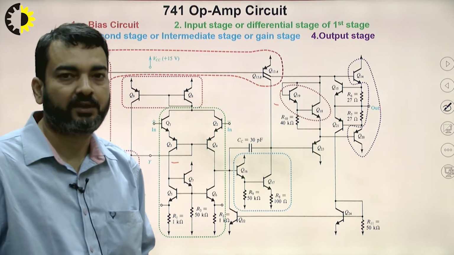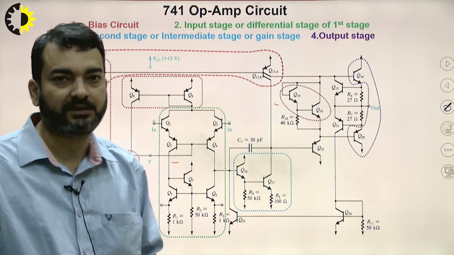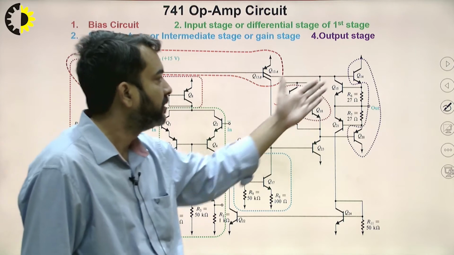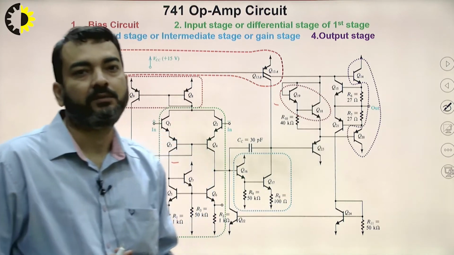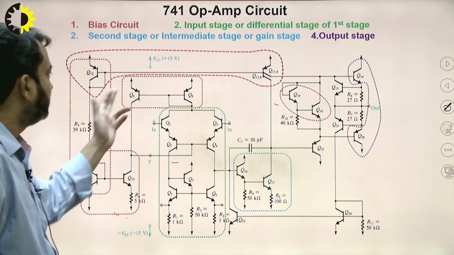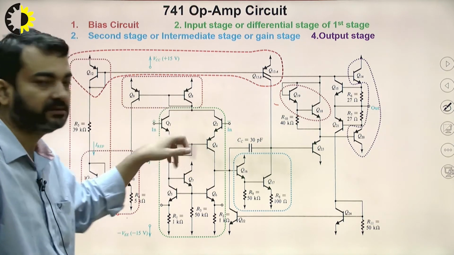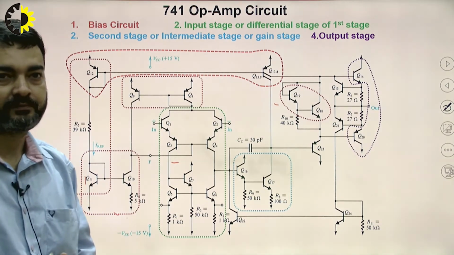We have a target to provide low output impedance, so that's why class AB transistors are operated in emitter follower mode. Then this is another current mirror of the bias circuit which is biasing the input stage.